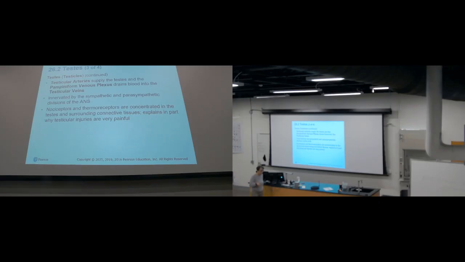What nourishes the testes? The blood from the testicular arteries, which are part of the gonadal arteries that arise laterally just below the renal arteries, which are branches of the aorta.